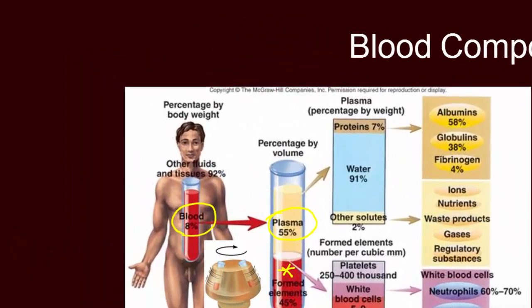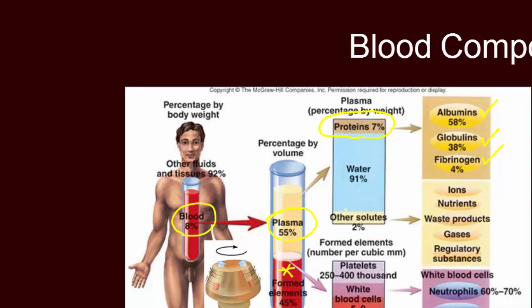If we take a look here at the plasma, the largest component of solute by weight is actually proteins. Some very important proteins that we are going to use in our circulatory system are found in the plasma. You can see there are 3 very important proteins here, and we'll talk about those in a little bit of detail.